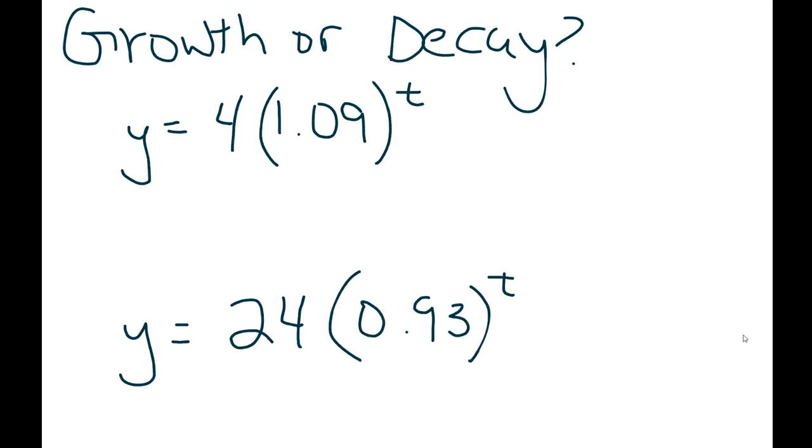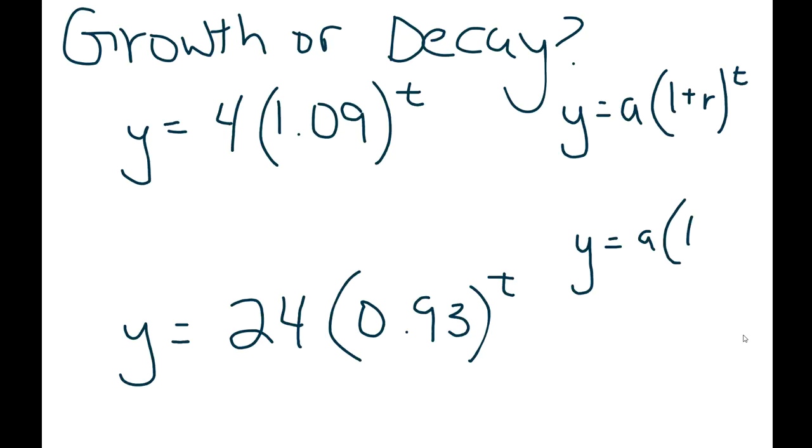And again, we have to determine, is this exponential growth or exponential decay? Well, you kind of have to go back to remembering that the exponential growth was A times (1 plus R) all to the t, and the exponential decay was the initial amount times (1 minus R) all to the t.